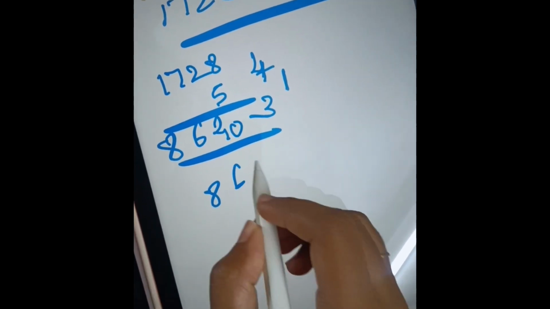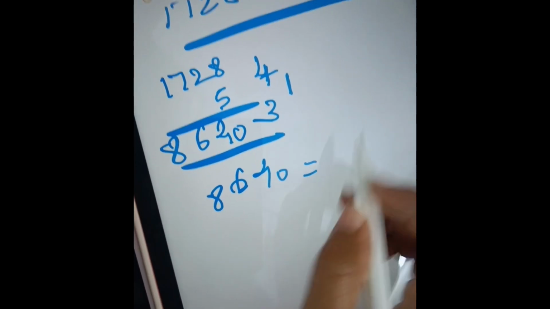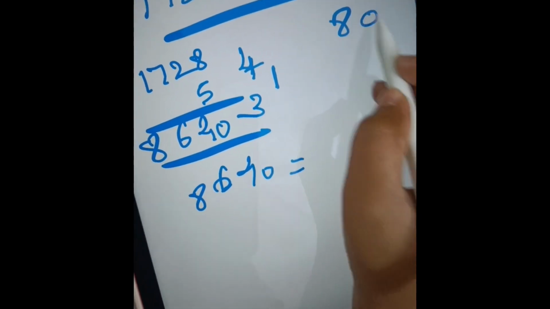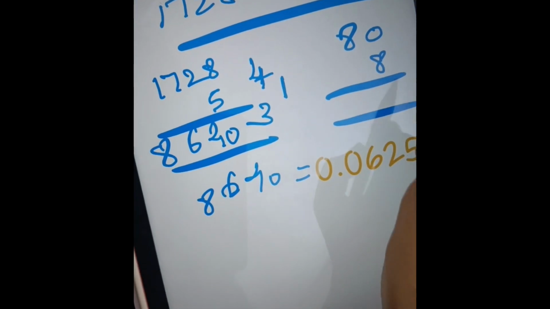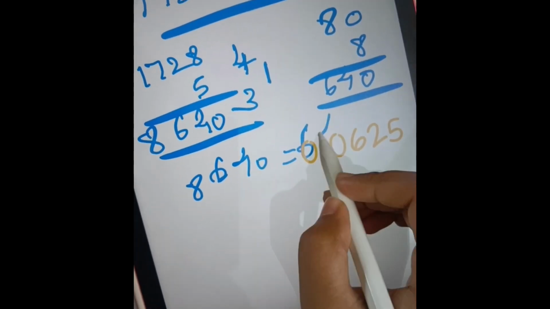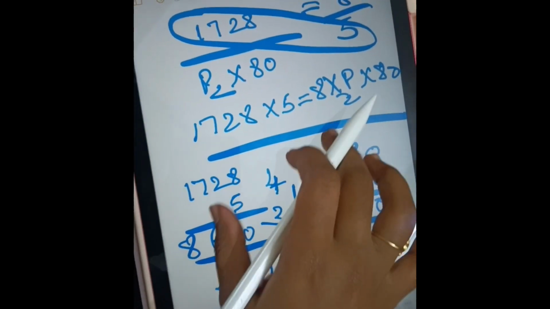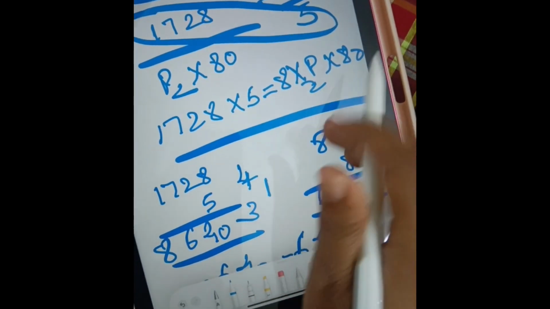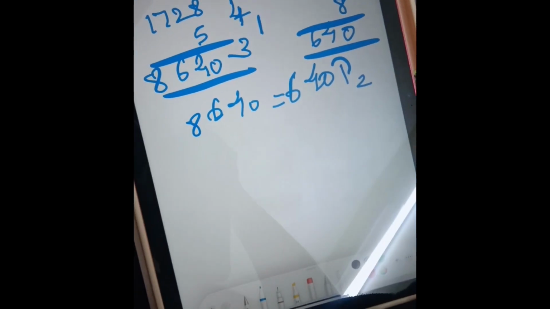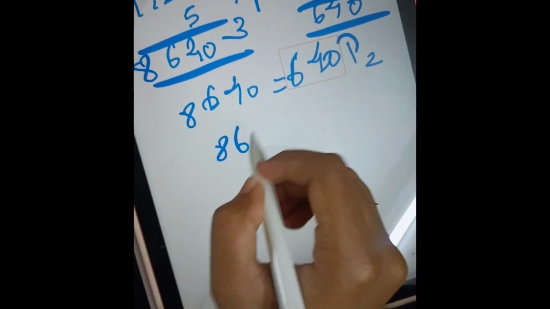Okay, so 8640. So here the P2 value, 80 into 8, how much? 640. Okay, so here nothing but I have simplified this. I have multiplied the values into P2.